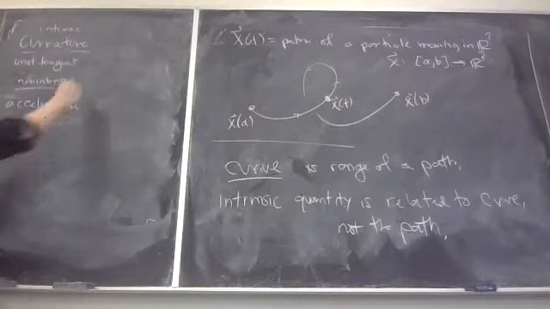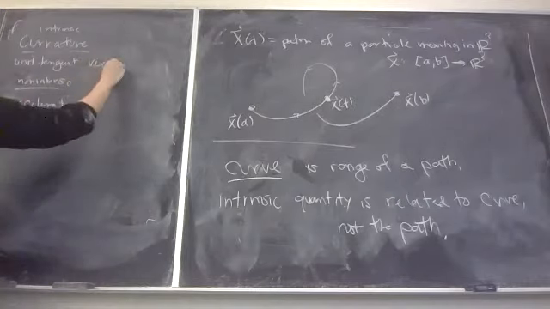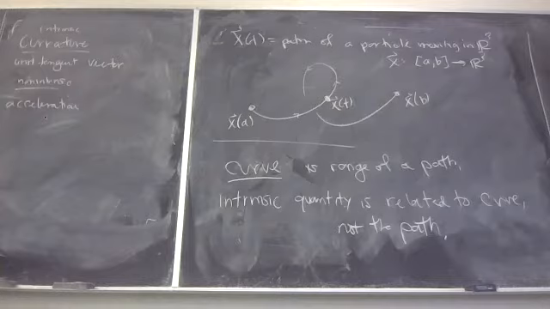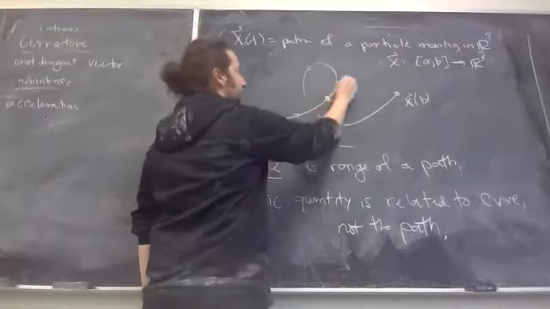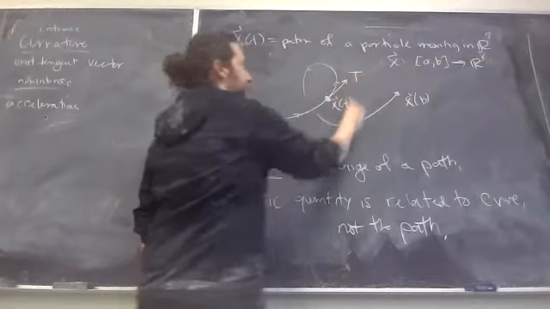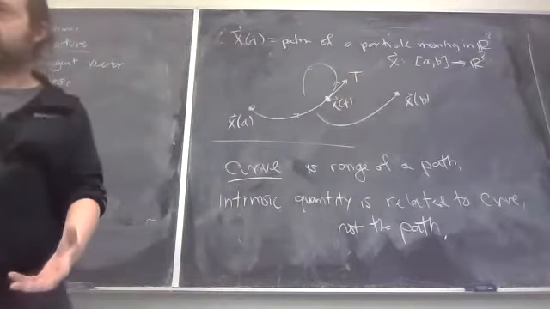A unit tangent vector. So the unit tangent vector tells you what direction the curve is headed, but it has no magnitude, right? You delete magnitude away. If you just have a unit tangent vector, what we're saying is, oh, at this position right here, there's this vector of length 1 called T, and it's a unit vector.